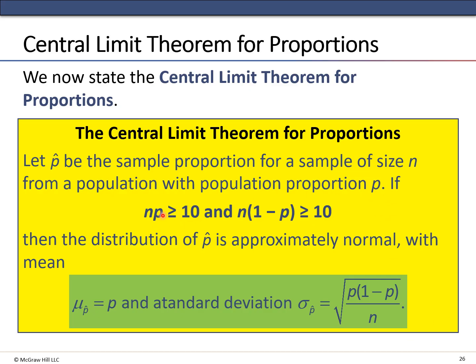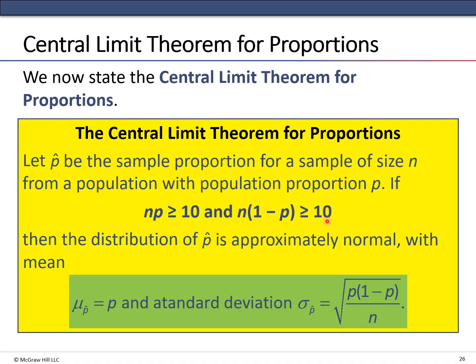If n times p is greater than or equal to 10 and n times the quantity of 1 minus p is greater than or equal to 10, then the distribution of p hat is approximately normal with the mean, mu of p hat, equaling the population proportion, or lowercase p, and a standard deviation, sigma sub p hat, equaling the square root of the quantity p times 1 minus p over n. Again, lowercase p representing the population proportion, and n representing our sample size.